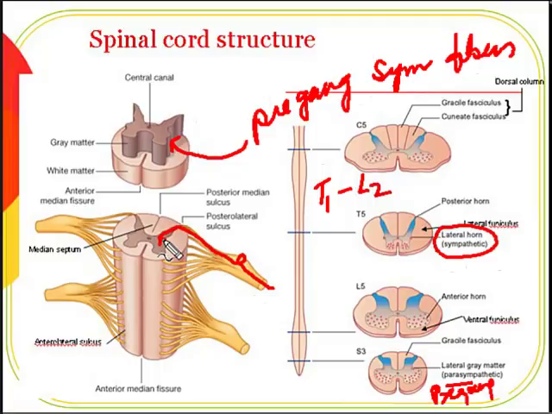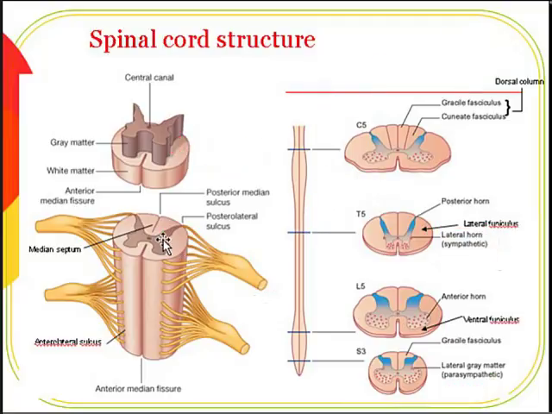The white matter, which surrounds it on the sides, has fibers which you can see, which are sensory fibers which come in. So these sensory fibers will travel up towards the brain, and they can be present in any part of the white matter. Plus you'll have motor fibers, which are fibers which come down from the brain.